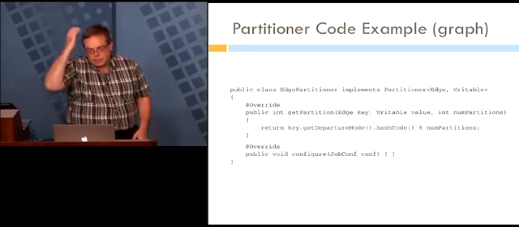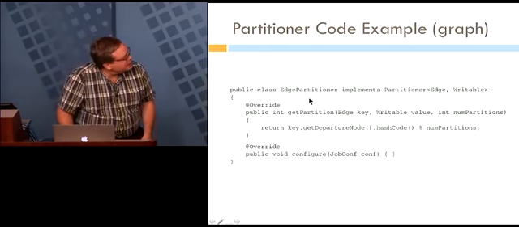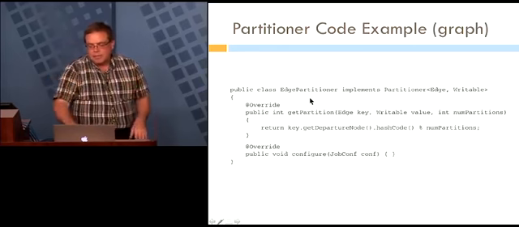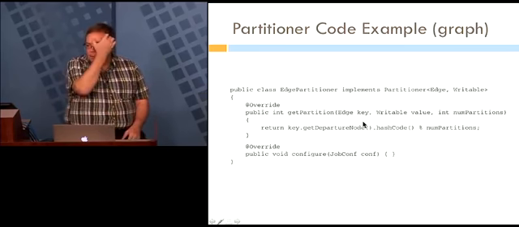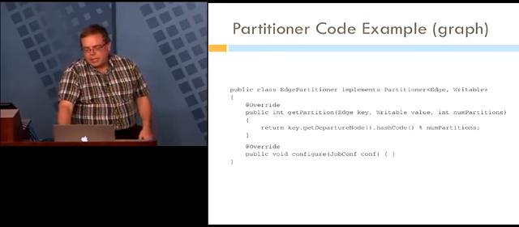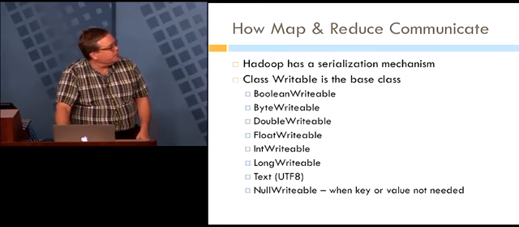That depends upon what your work is. So this is an example of an edge partitioner, where it's a graph of particular things. A partitioner here would be, given a key, just get a departure node and compute the hash code over the number of partitions for it. It's fairly simple code to be able to do that. Again, it depends on what one is trying to do.